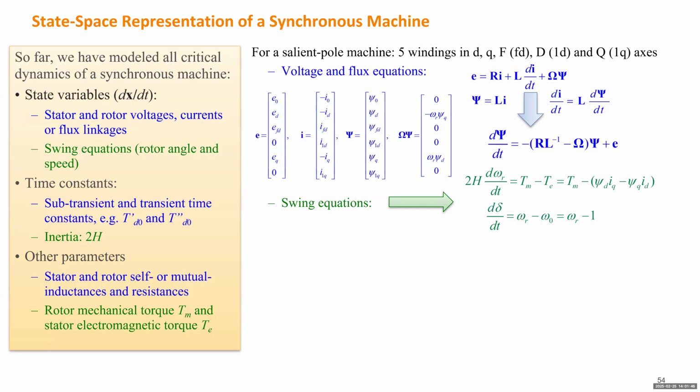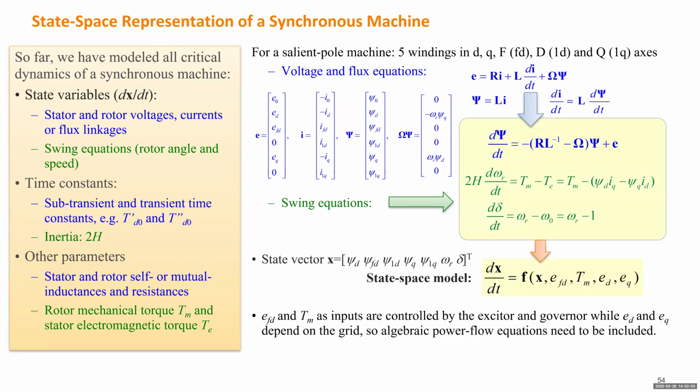That will give you the first model, if we're talking about the state space representation. So now we have the state vector with all the utilized flux linkages plus omega and delta. We'll have the first state space model, which will be written in such a way.